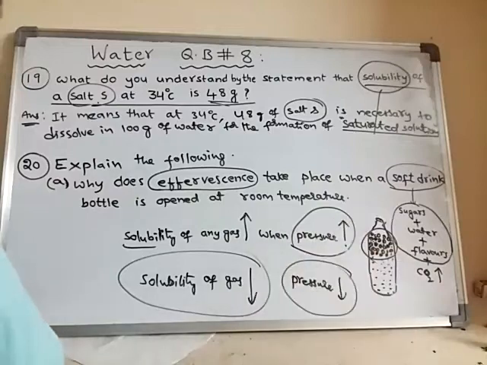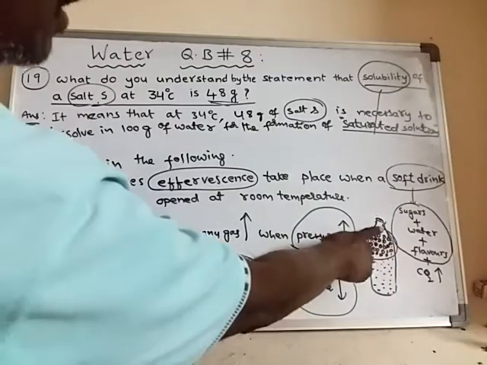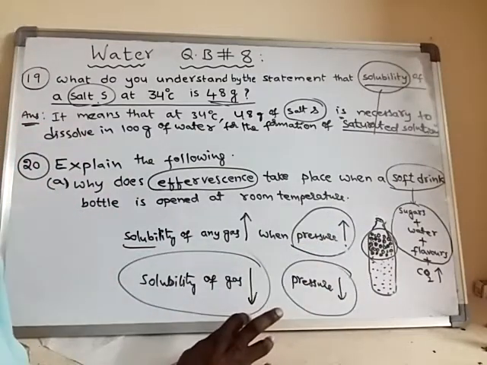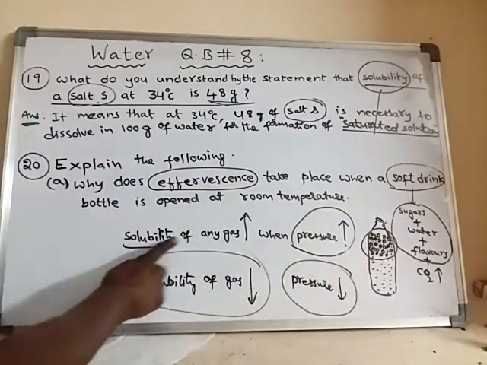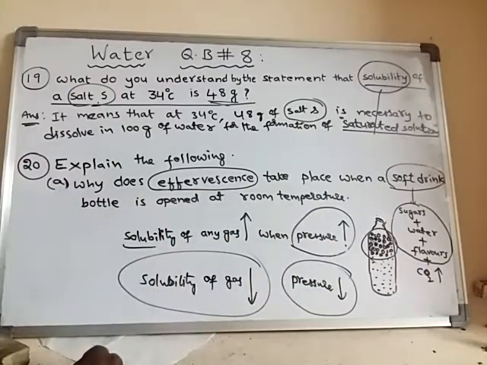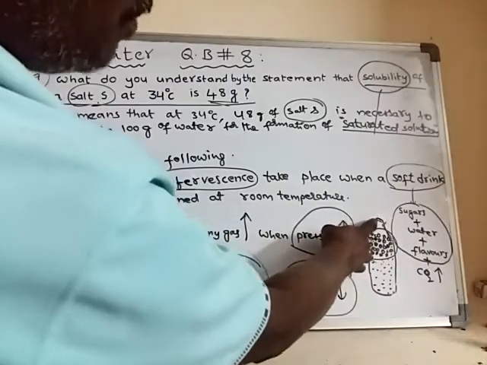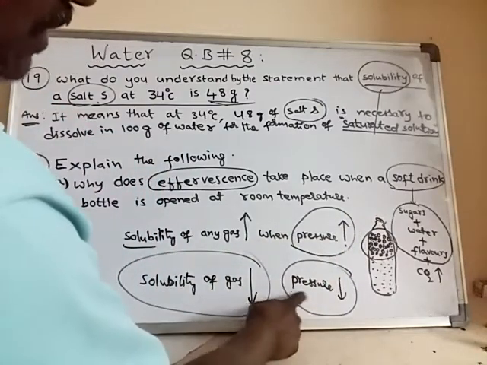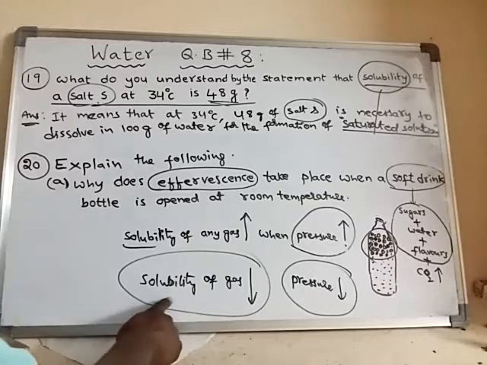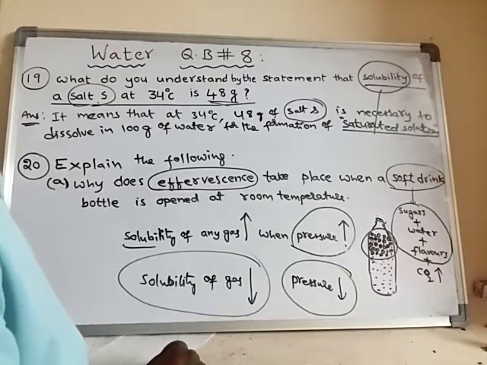Always remember that under high pressure, more gas will dissolve in the solution. That means solubility of any gas will be more when pressure is more. But as the bottle is opened, pressure is decreased. When pressure is reduced, solubility of gas also decreases.